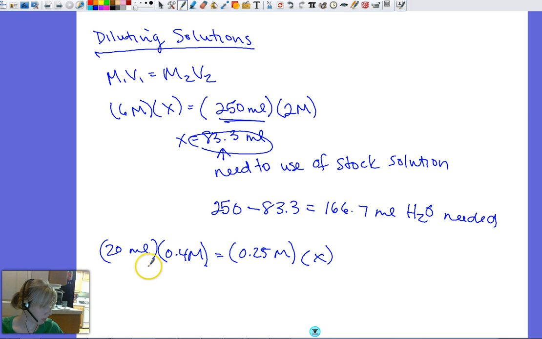So we have 20 times 0.4 divided by 0.25, and that equals 32 milliliters. So that would be the final volume.